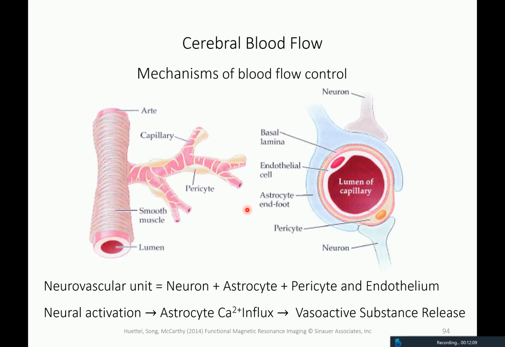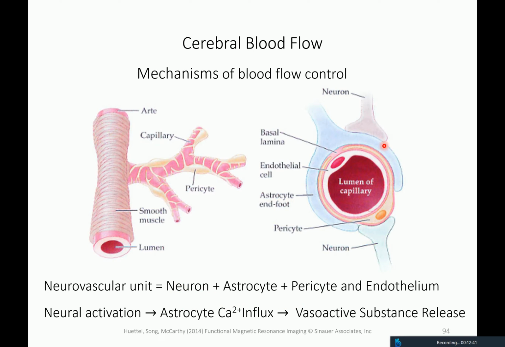And this then basically shows that in even more detail, so it zooms in more, at the more capillary level. You have things that you can call neurovascular units, being composed of a neuron, astrocyte, and pericytes.